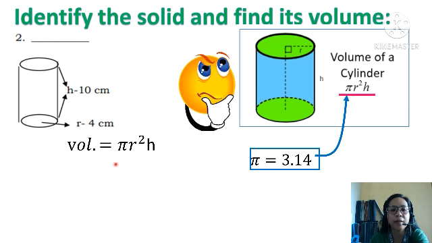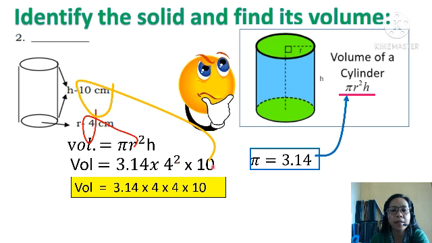So, sa radius squared nandito. Ayan, 4. So, isulat natin dito si 4. Okay? 4 squared times 10.